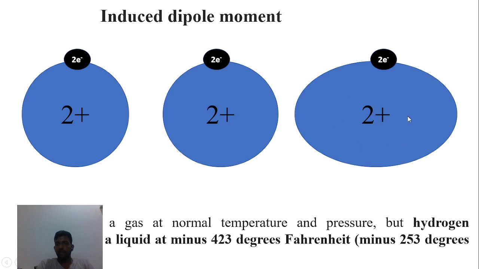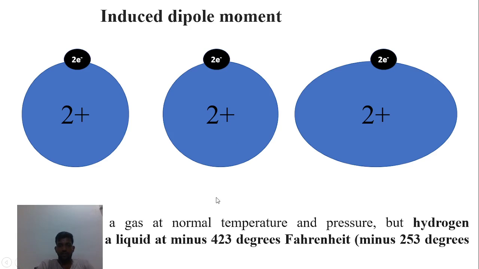And because there is an elliptical distribution, there is a chance that H2 molecules can interact. But because these forces are very weak, we call them induced dipole moments, because they are not initially present, but they happen because of the asymmetry of the charge distribution.